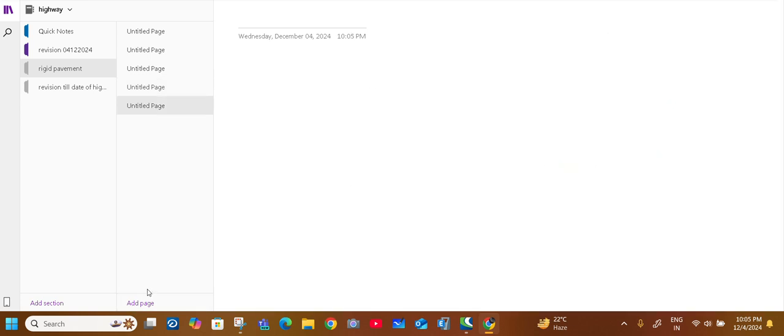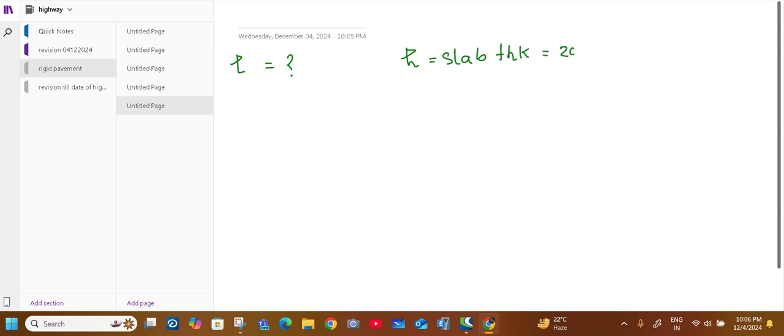So suppose we compute the radius of relative stiffness if H, that means slab thickness, is 20 centimeter, E equal to 2.1 into 10 to the power 5 kg per centimeter square.